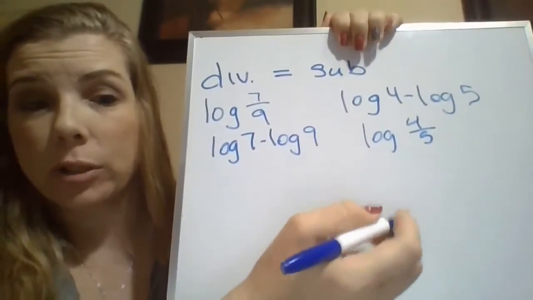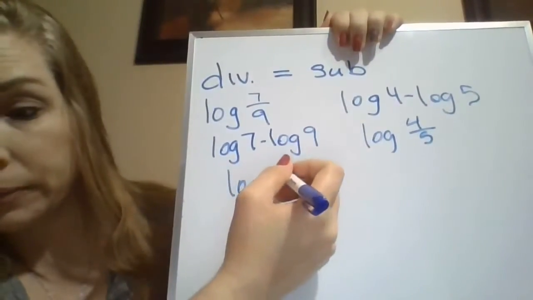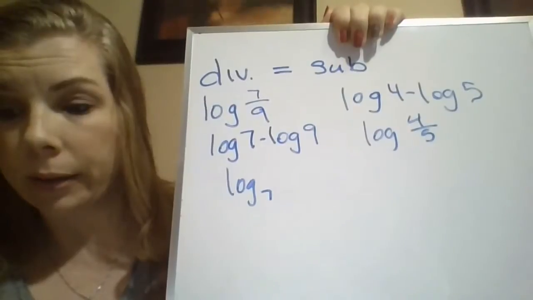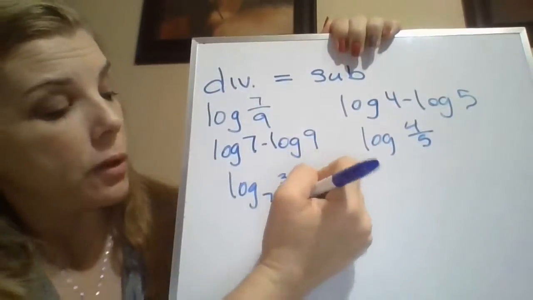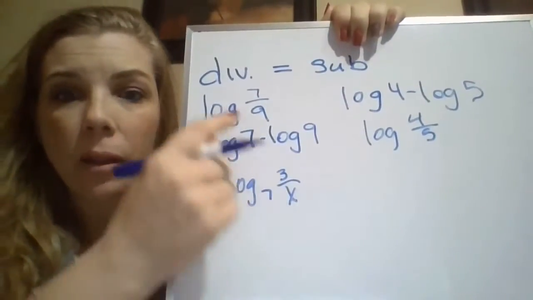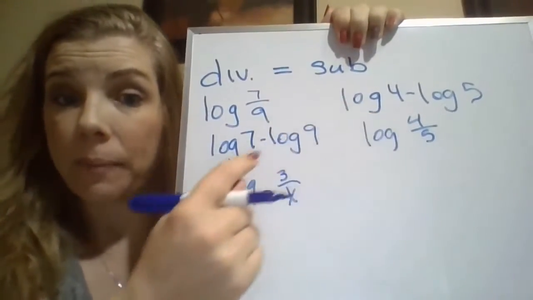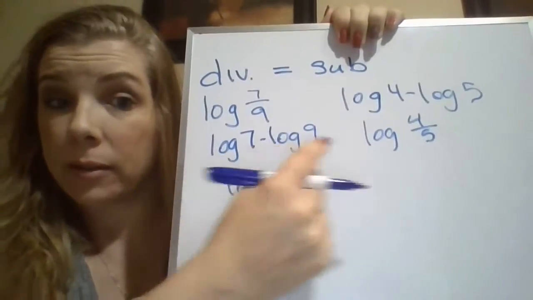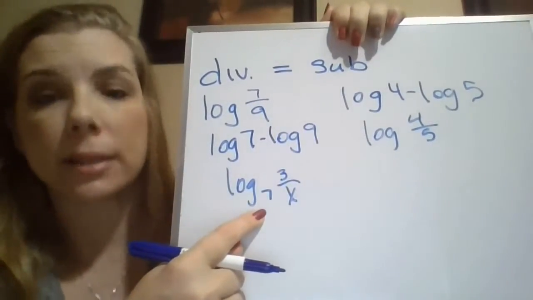Now it is going to get a little more difficult. Say they have log 7 of 3/x. Now the base is not 10, the base is 7. It doesn't matter. Up here, the base was 10, it stayed that base. Here, the base is 7, and it's going to stay that base.